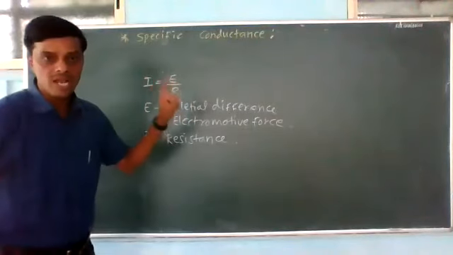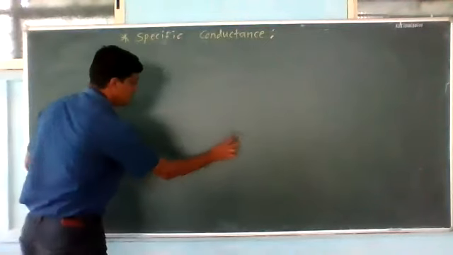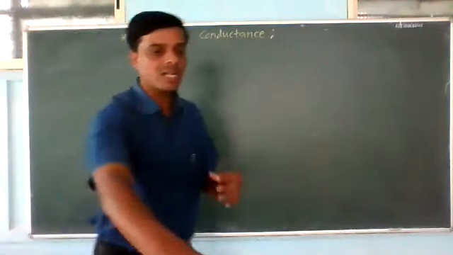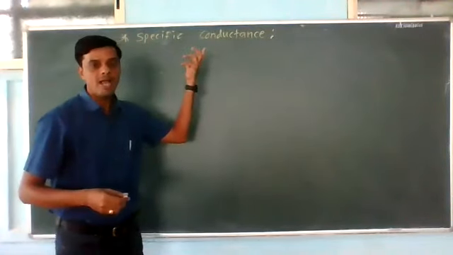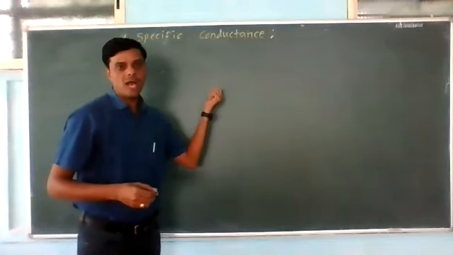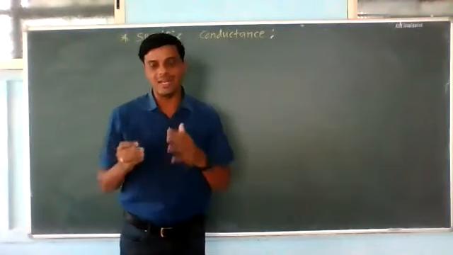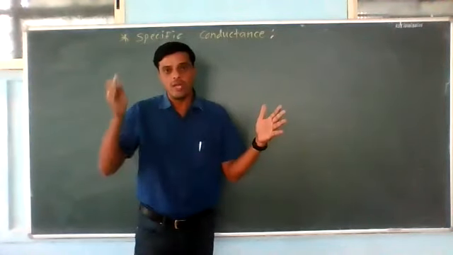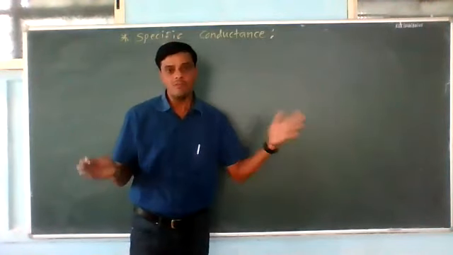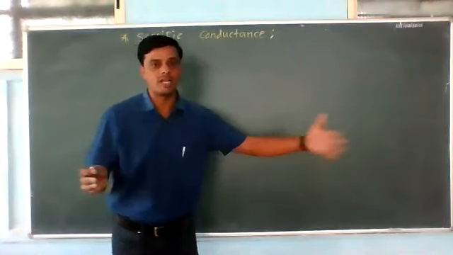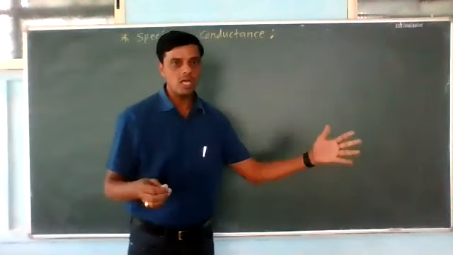I hope Ohm's law is clear to you. Ohm's law, I is equal to E upon R. That means how much electric current passes through the solution can be determined by this ratio E upon R. If the potential difference between the two electrodes is greater, where one electrode is having high potential and another electrode is having low potential, then a large amount of electricity passes through the solution.